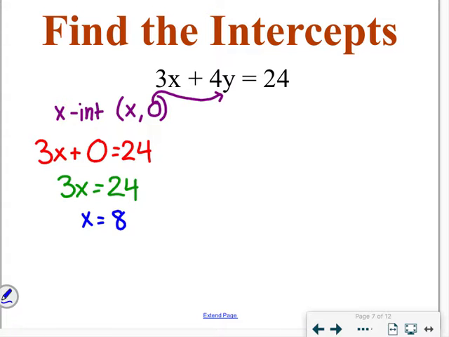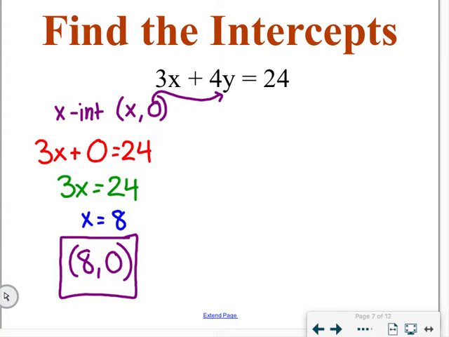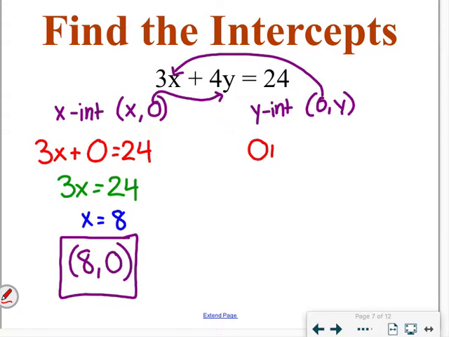In order to properly write this out, you need to write it as an ordered pair. So the answer for the x-intercept is 8, 0. On the other side, if you're looking for the y-intercept, that was 0, y. So you're going to plug that 0 value in for the x this time. 3 times 0 still gives me 0.